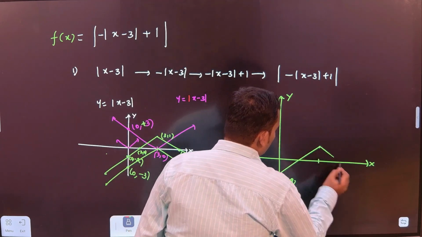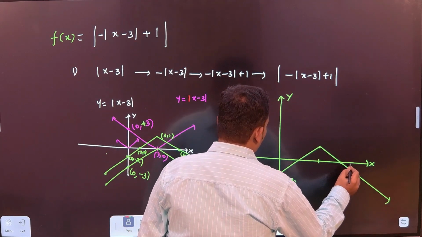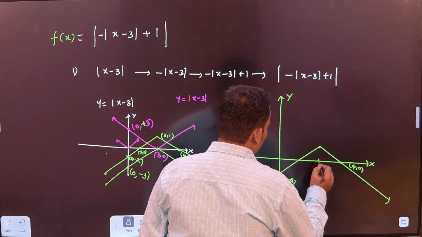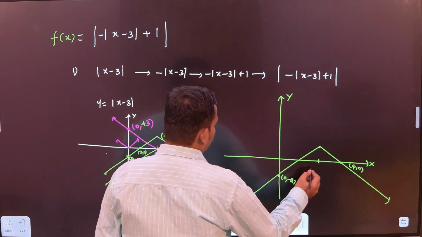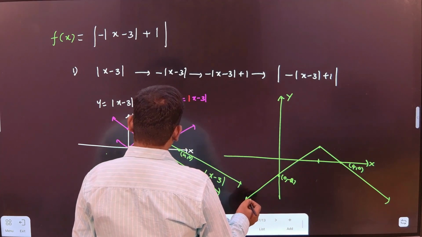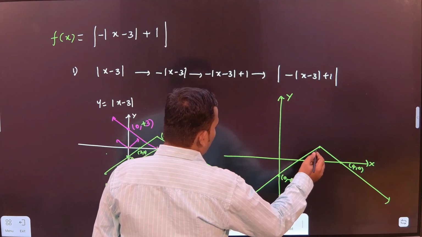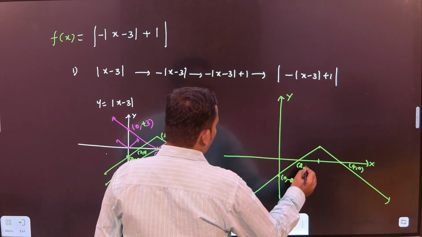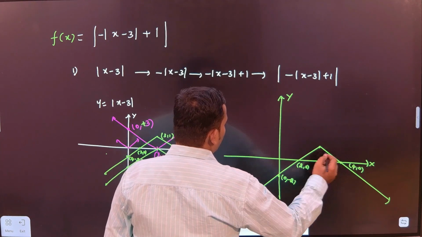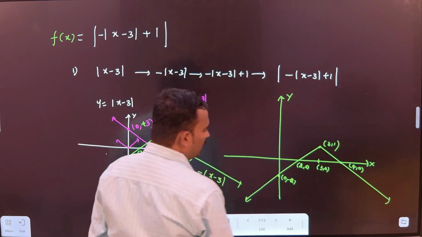And then this is 4 comma 0, because you are shifting 1 unit up, right? Correct? So this is your 2 comma 0. This is 3 comma 0. Yes, this is 3 comma 1, right?